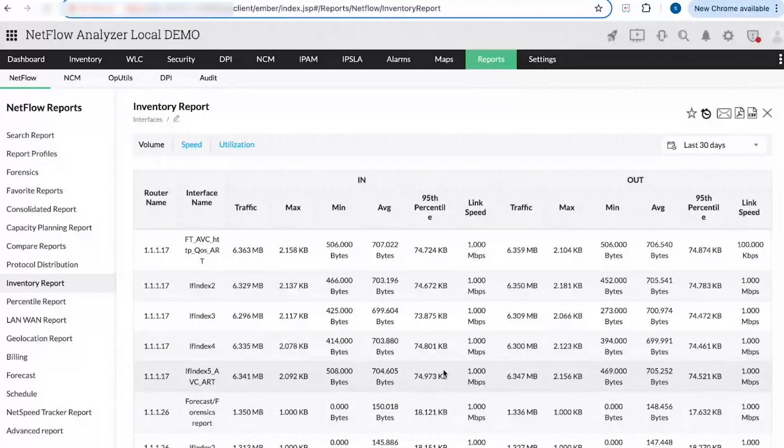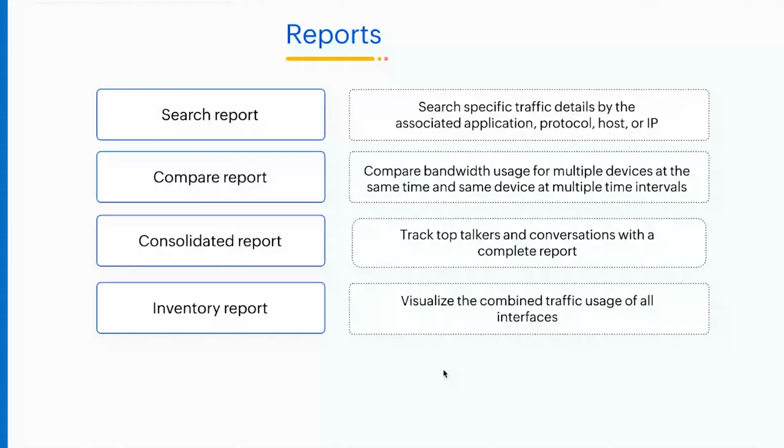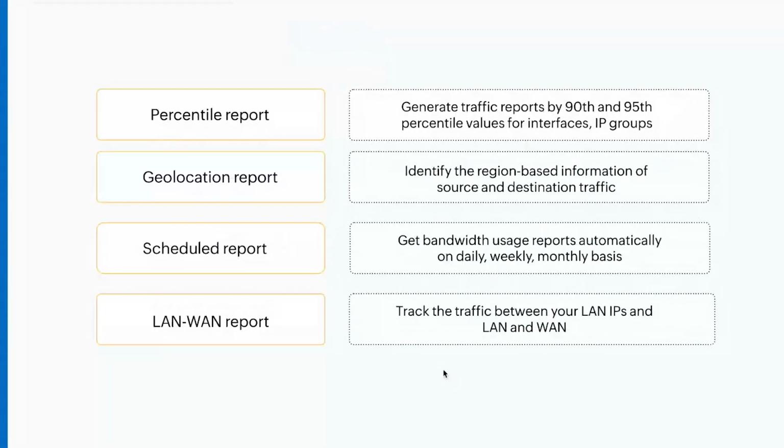Let's get back to the presentation. We also have a few more reports like percentile report, geolocation report, scheduled report, and LAN-WAN report. Percentile report gives you the traffic data by volume, speed, and utilization for the selected percentile for the selected sources. Geolocation reports will let you know the source and destination IP addresses based on geolocation and the traffic consumption.